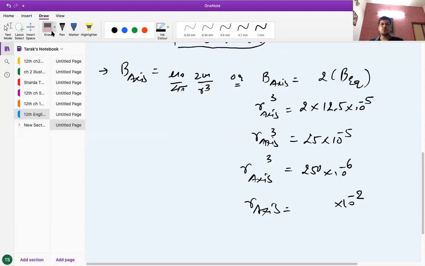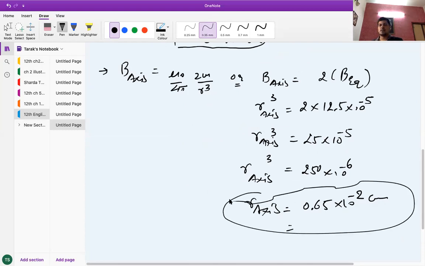It is 0.65 centimeter, or you can say 0.065. This is the answer. So with this, your exercise examples are finished.